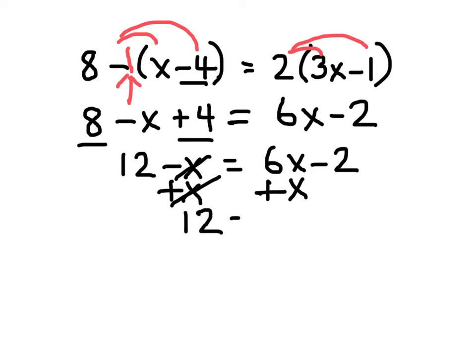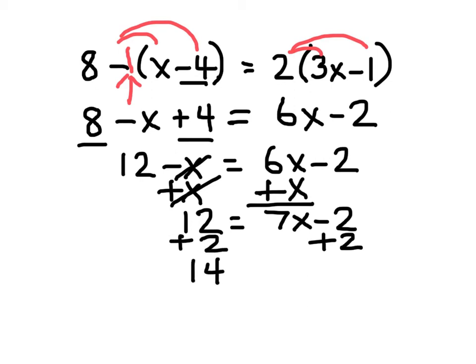That leaves 12 equals 6x plus x, which is 7x, minus 2. Now that my variable's all on the right side, I'm going to zero out minus 2 by adding 2. So that gives us 14 equals 7x. Therefore, x is going to equal 2.